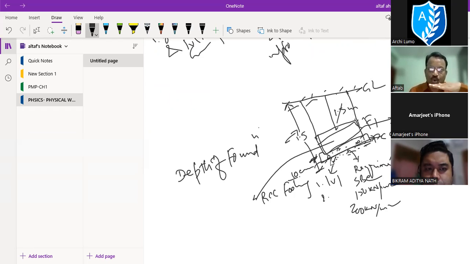So when you feel that at this 1.5 meters from ground level our SBC is good enough to lay the foundation, then we have to check the SBC.